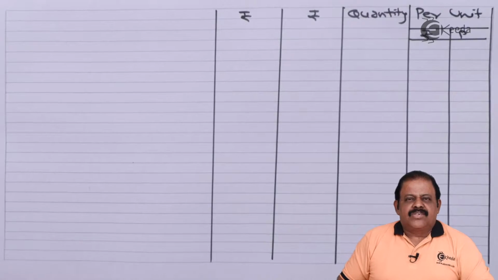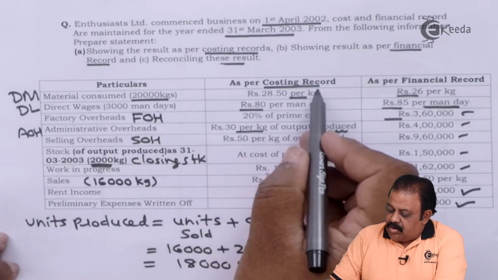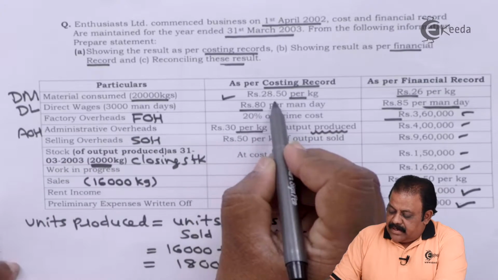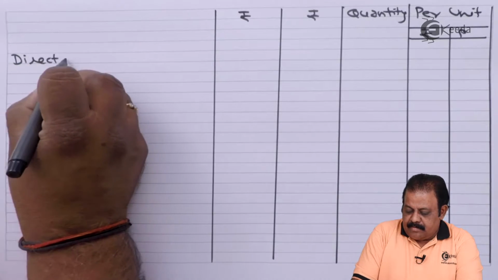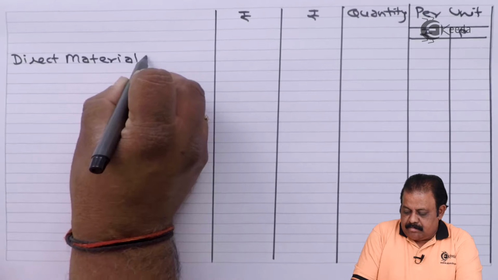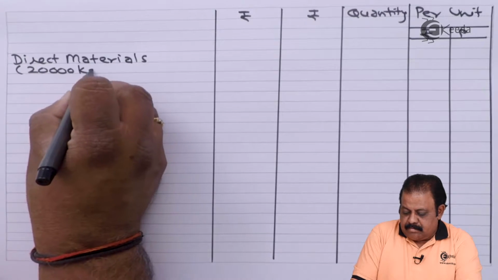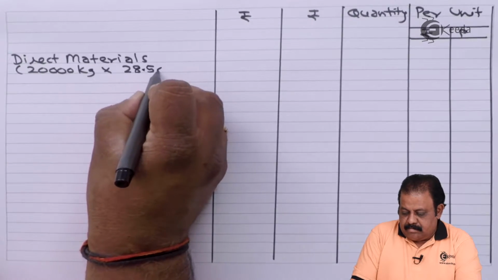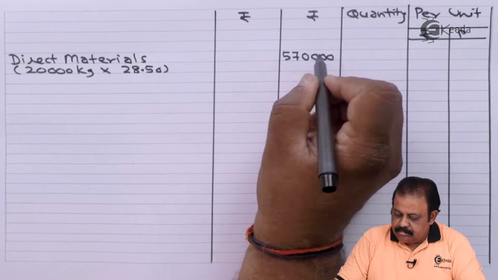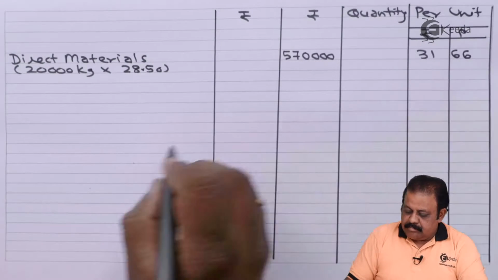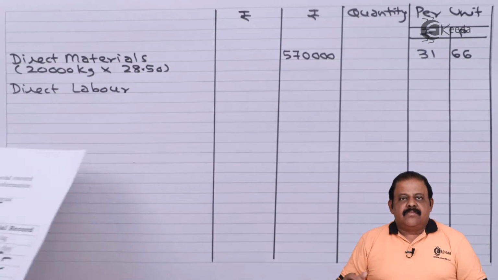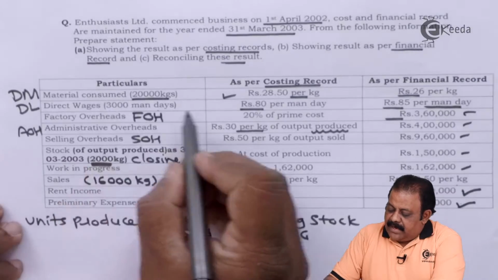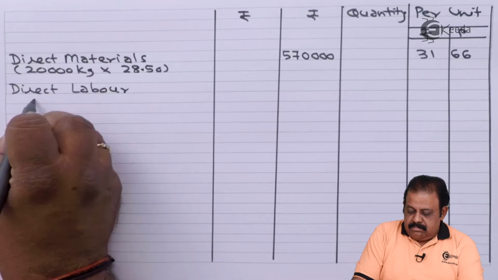Now we'll be preparing cost sheet to find out costing profit. Material consumed as per costing record at the rate of 28.50 per kg. Next comes direct labor 3000 man days 80 per man day.